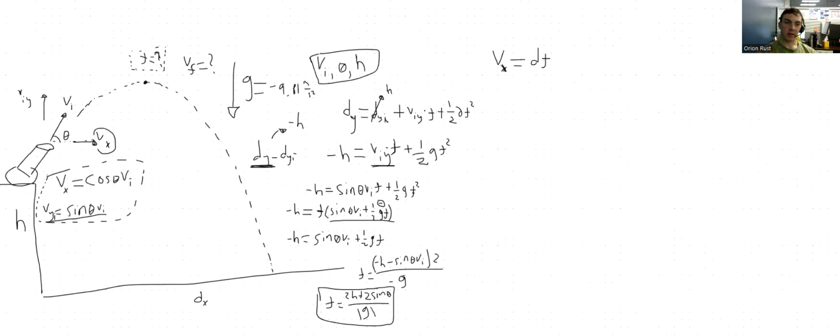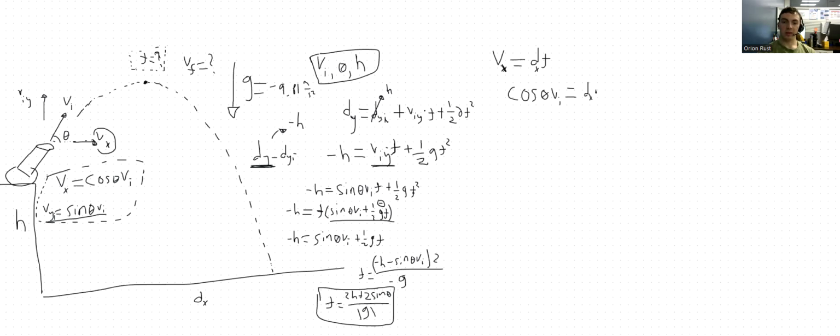Well, we found here that vx is cosine theta vi, so we can write it like this. Cosine theta vi equals dx over t.